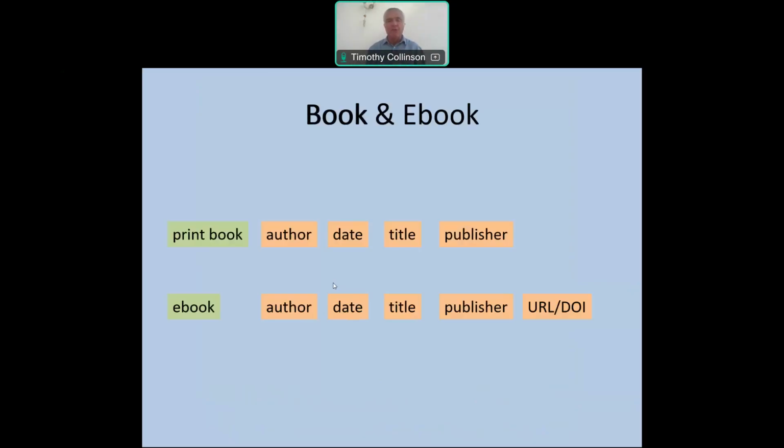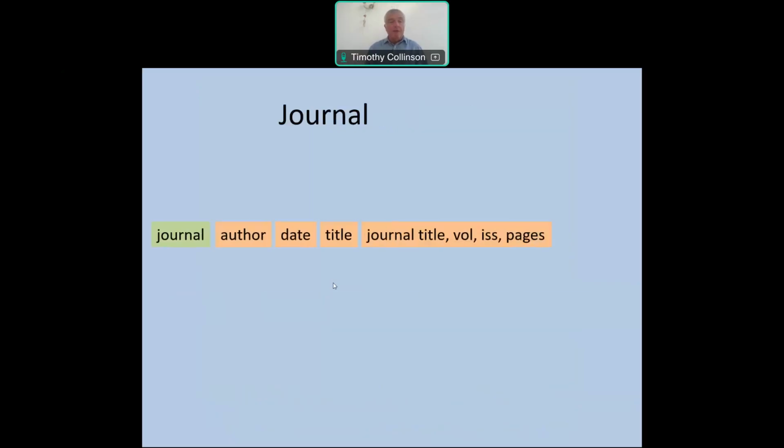That's a uniform resource locator, which you're probably familiar with from the web, or a DOI is a digital object identifier, which is used as a kind of permanent URL to follow journal articles and the like around. For a journal, it's almost exactly the same information: author, date, title, and now instead of publication as one publisher, you've got publication broken down into the journal title, the volume, the issue number, and the pages.